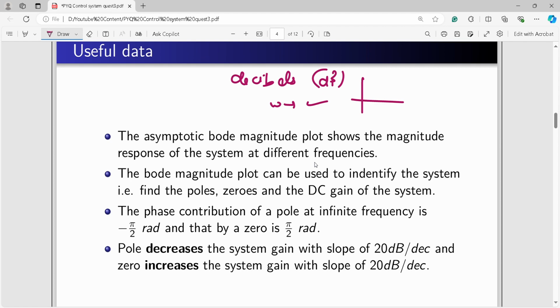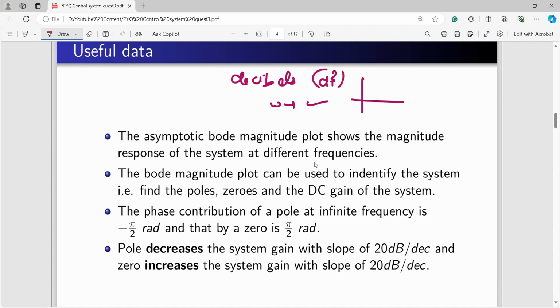Second, the given Bode magnitude plot can be used to identify the system. In practical applications, the Bode plot is very helpful to identify the system, meaning we need to find the poles, zeros, and DC gain. Third, the phase contribution of a pole at infinite frequency is minus pi by 2.